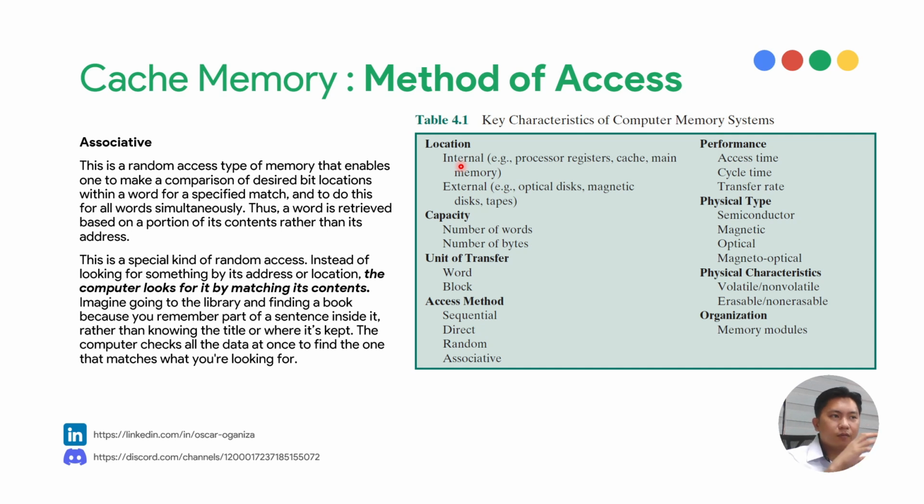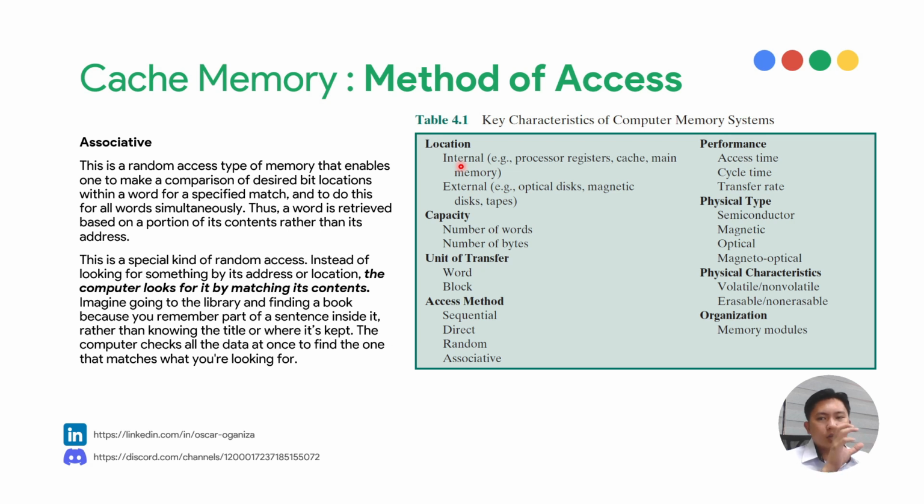When we say associative way of accessing the data, for example, you're searching for data number 10, which can be found across the pages from page 1 to page 100. Each chapter has data that matches what you're looking for. It will take those data and scan chapters 1 to 10.